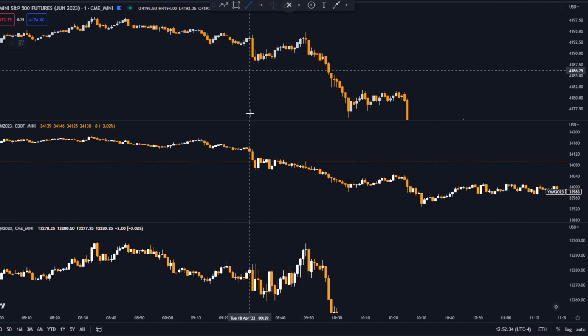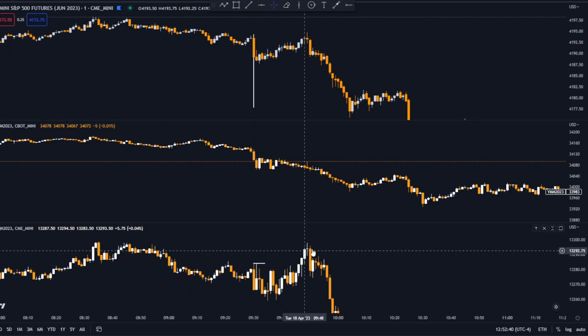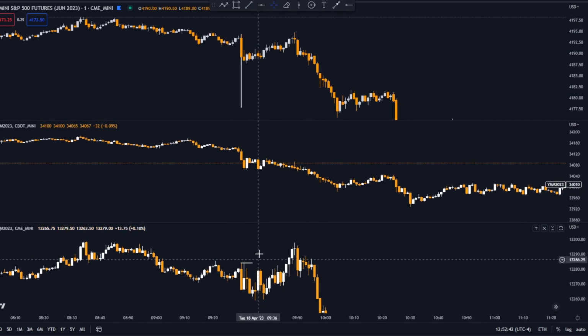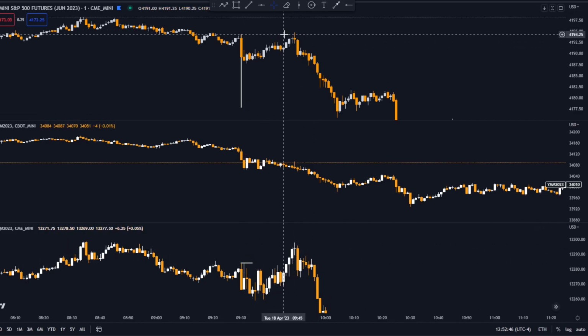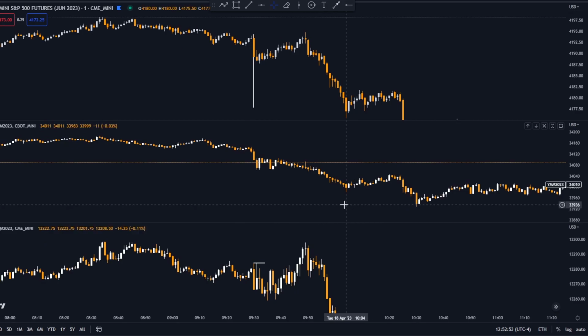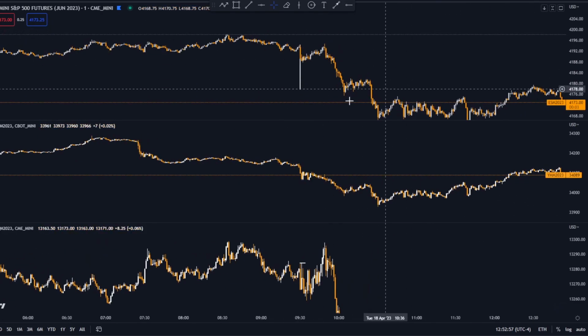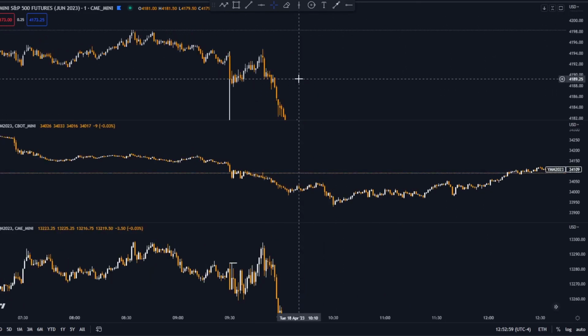9:30. I'm gonna mark it out. Okay, let's see here. So we have 9:30 high. We can see that NQ took out this high. ES also took out this high, but Dow didn't. And this is showing us that the Dow wants to go down, so we should expect some reversal.